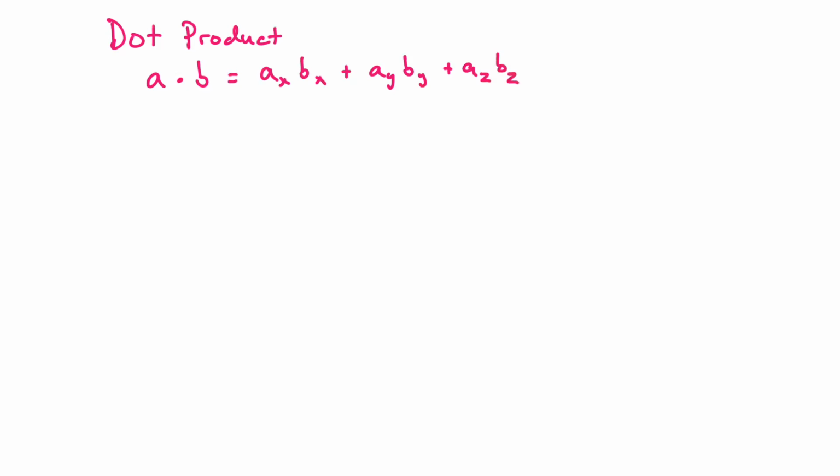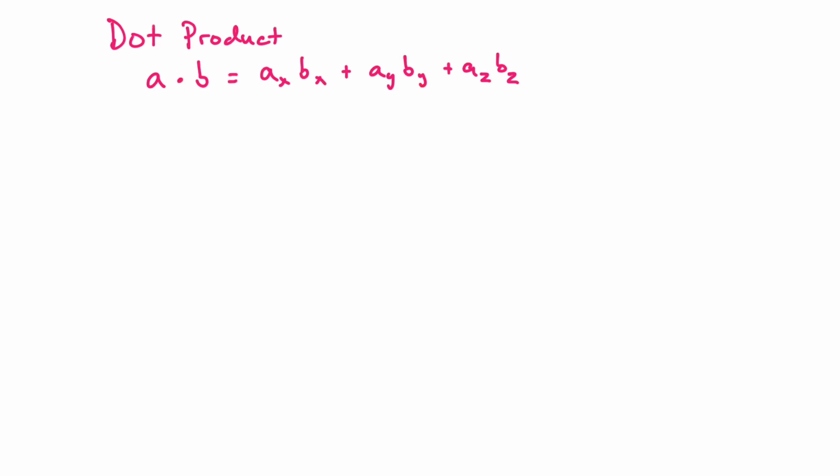So first, we want to look at the dot product. The dot product of two vectors, a and b, is equal to their components, ax times bx plus ay times by and az times bz. One of the most useful things that the dot product gives us is the cosine of the angle between the two vectors.